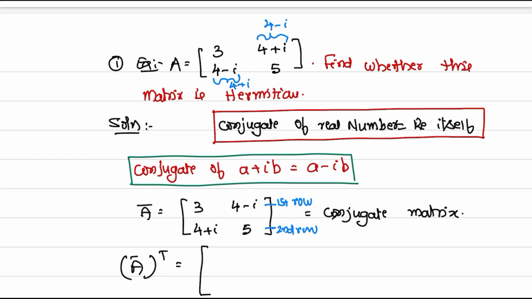First row will become first column, that is 3, 4 minus i. Second row will become second column, that is 4 plus i and 5. That is nothing but the given matrix A. That means A conjugate transpose is equal to A, which implies A is Hermitian.